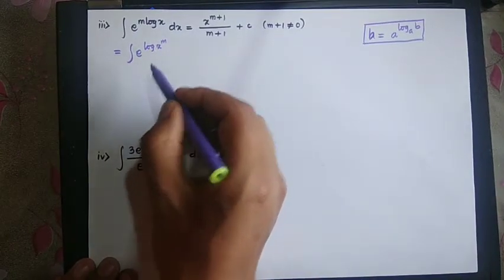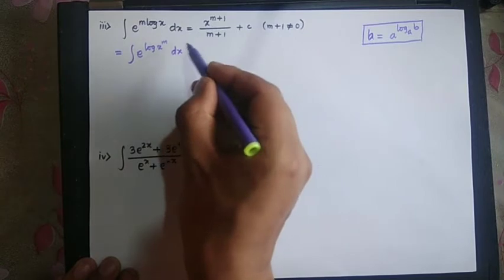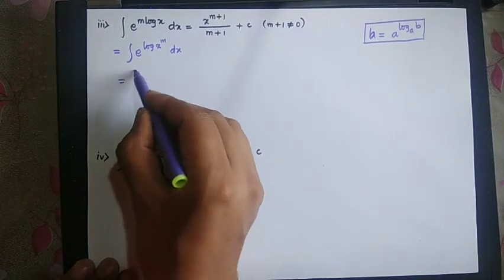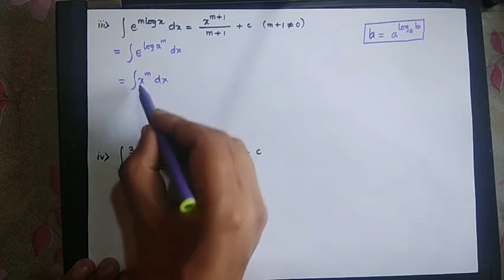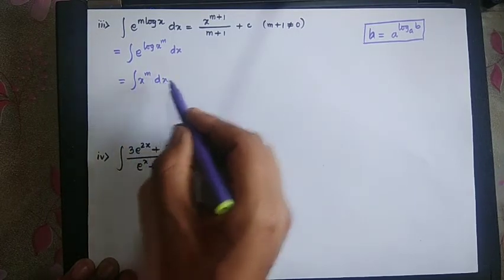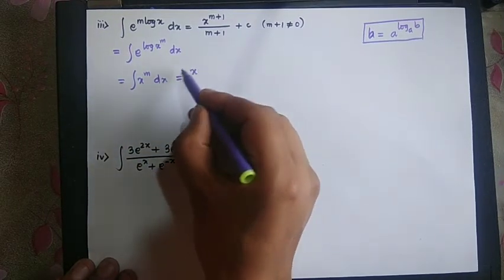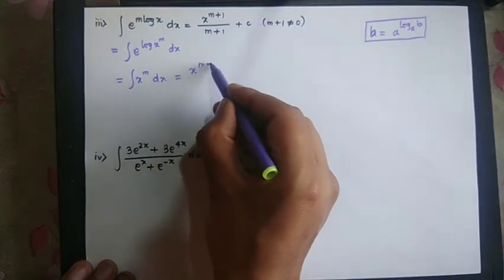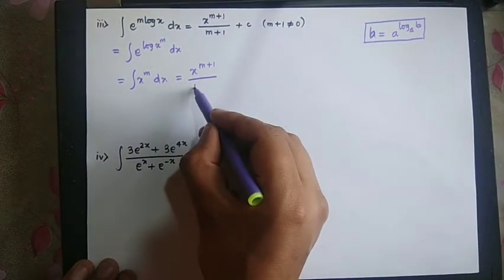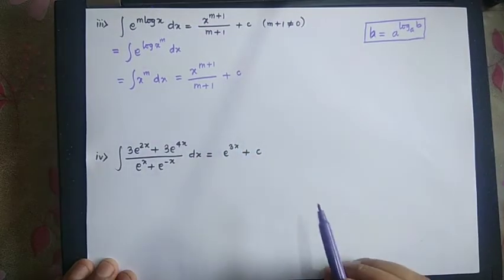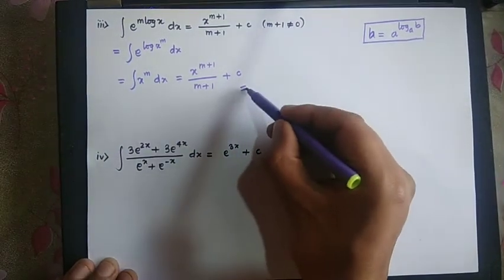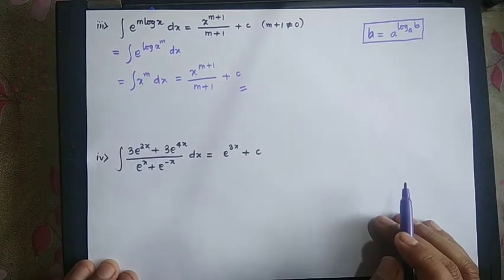So this can be written as x to the power n dx. And we know that the formula for x to the power n dx is x to the power n plus 1, and here n is m, so x to the power m plus 1 divided by m plus 1, plus some constant of integration c. This is how we prove the problem.